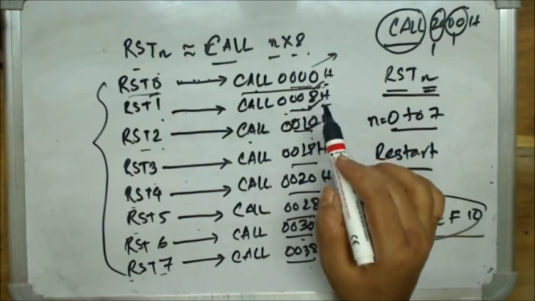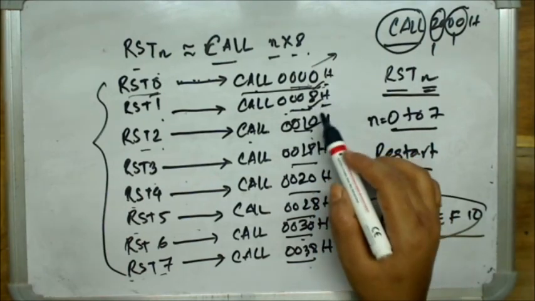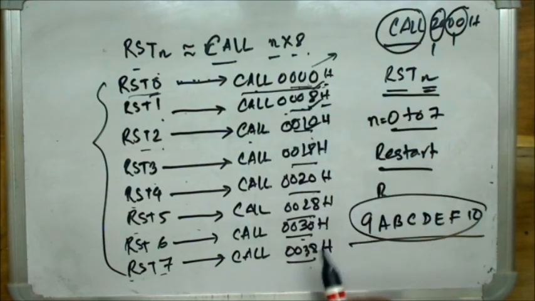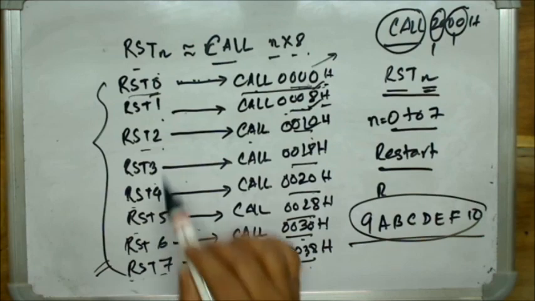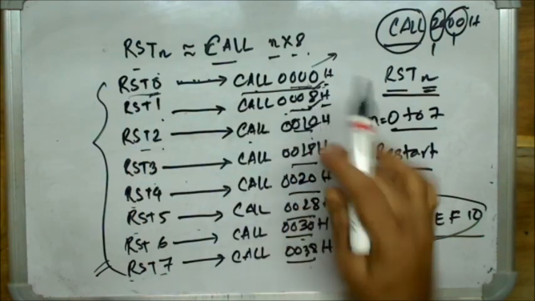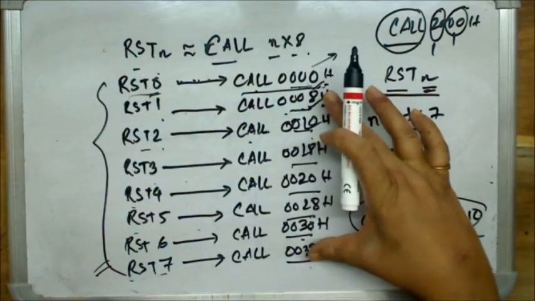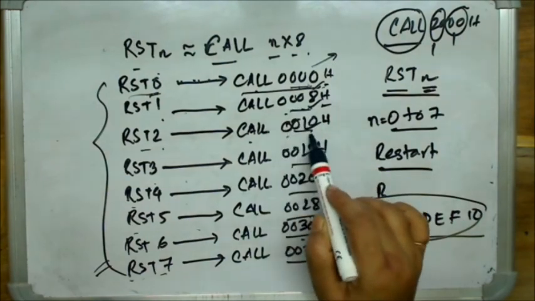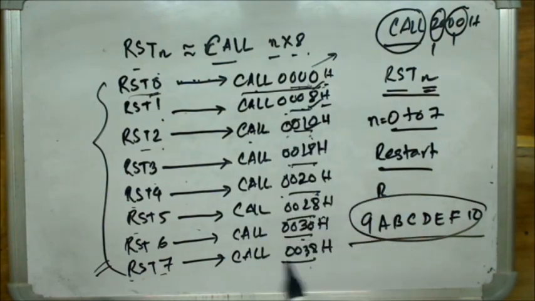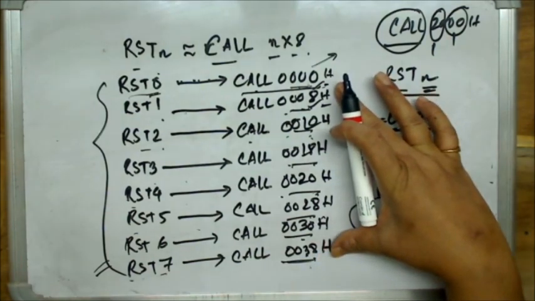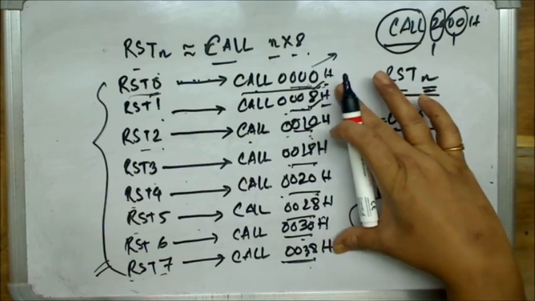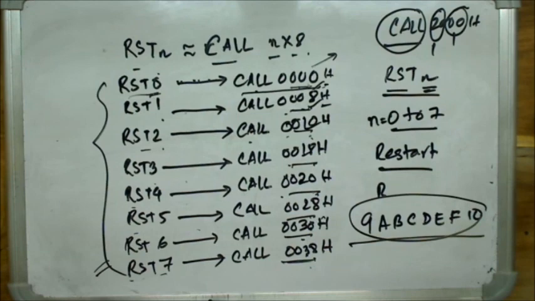So if you want to call a function regularly, you can write the subroutines at these particular memory locations, so that instead of call you can write RST0 to RST7.